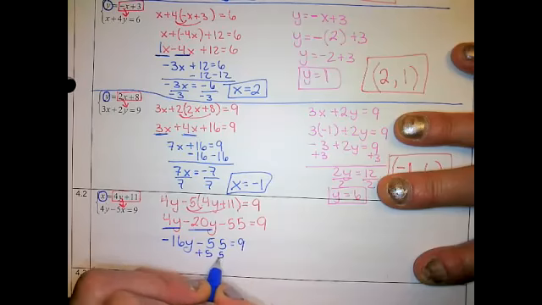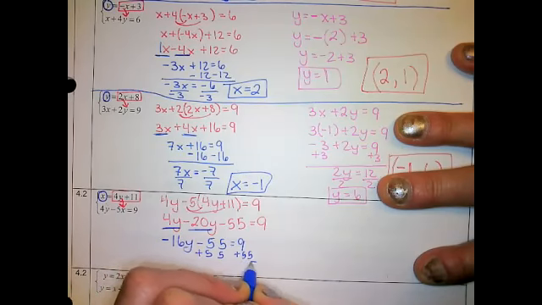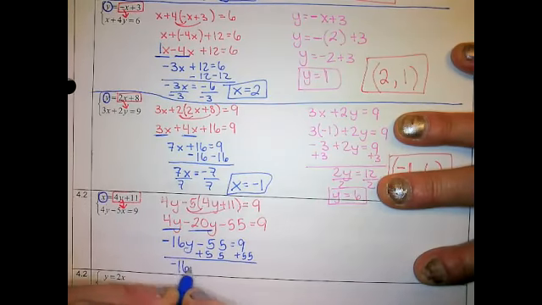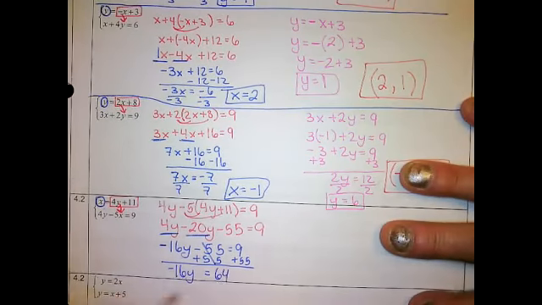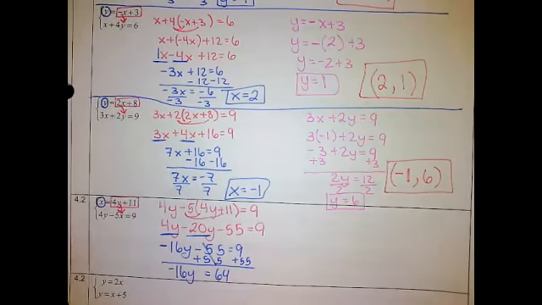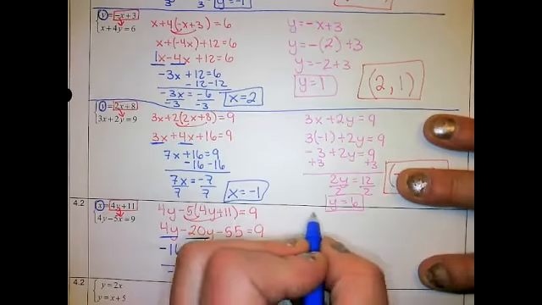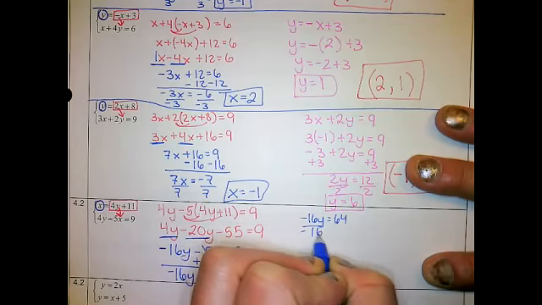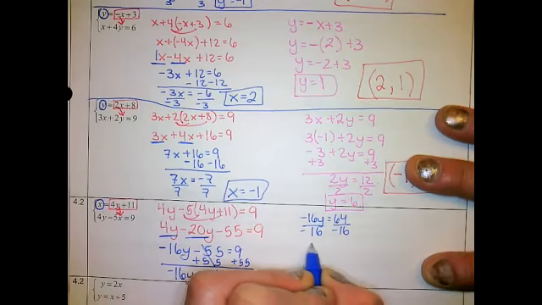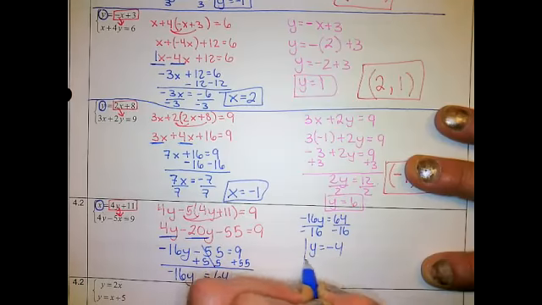Add 55 to both sides, and I get negative 16y equals 64. And now I need to divide both sides by 16, by negative 16. And I get y equals negative 4.